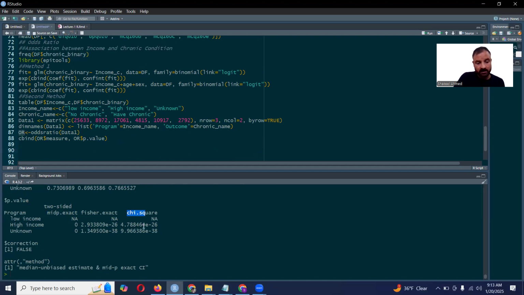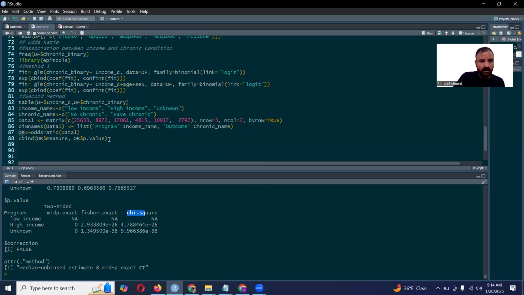So these are the p-values we get. We are just computing the association between the income categories and the chronic condition. So these are the p-values you need to report in your publication.